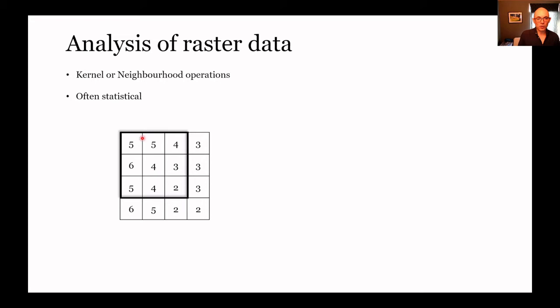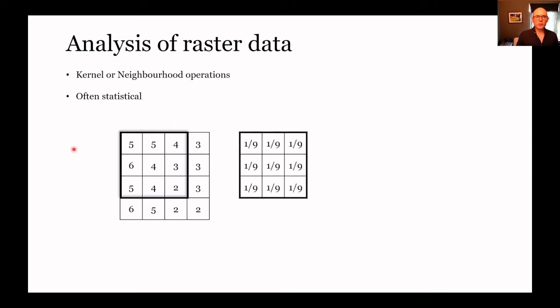And then we move this on one row or one column and perform the action again and replace the center cell again. Usually they are 3 by 3 or 5 by 5 or some multiple of an odd number in order to create a center pixel in which the data will go.